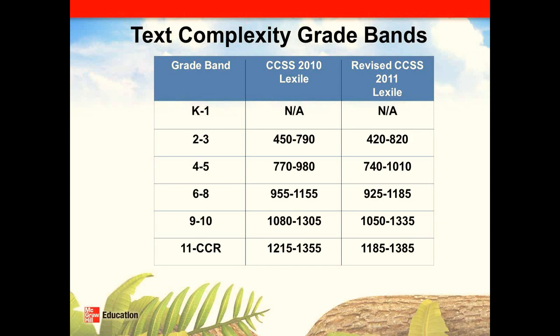The intent is to systematically raise the expectation of text complexity from elementary school so students in high school are prepared for the necessary reading in college and in many careers. Since the 2010 publication of the Common Core State Standards, the text complexity grade bands have been widened, and you will notice overlap both at the low and high ends of the Lexile ranges across grade levels.